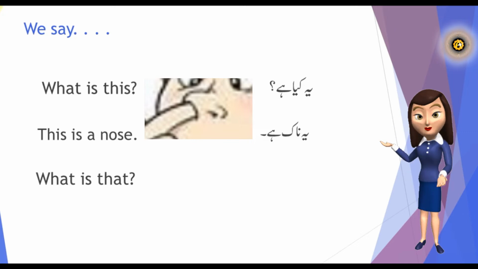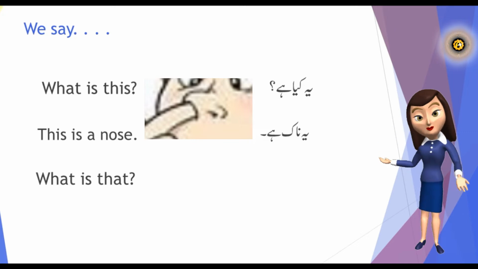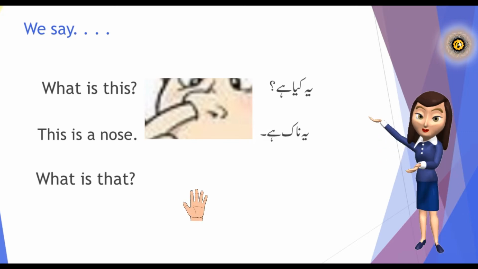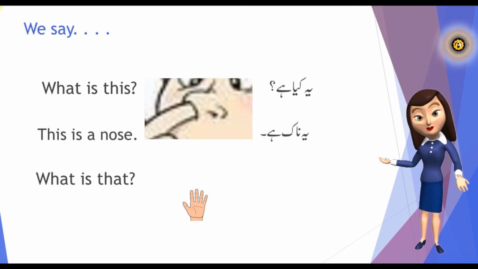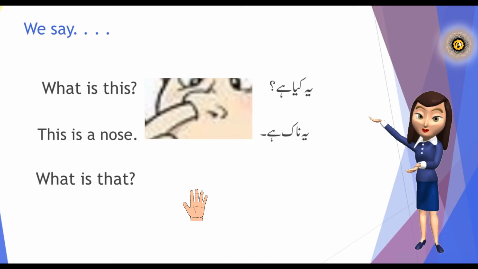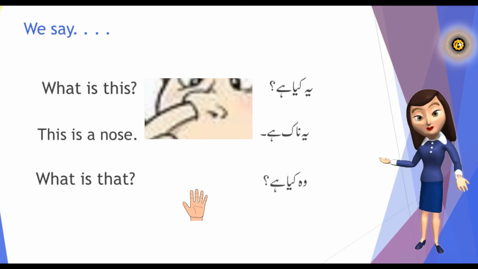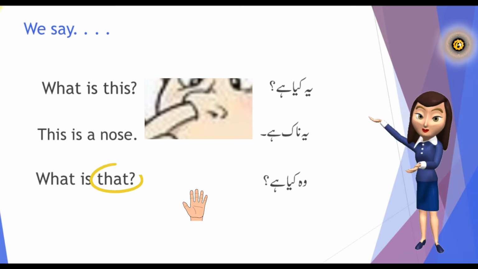Alright? And then, what is that? In English we say, what is that? When something is far away and the question is asked about that thing that is far away, we say, what is that? In Urdu it is, wo kya hai? Remember, that in Urdu is wo, right?